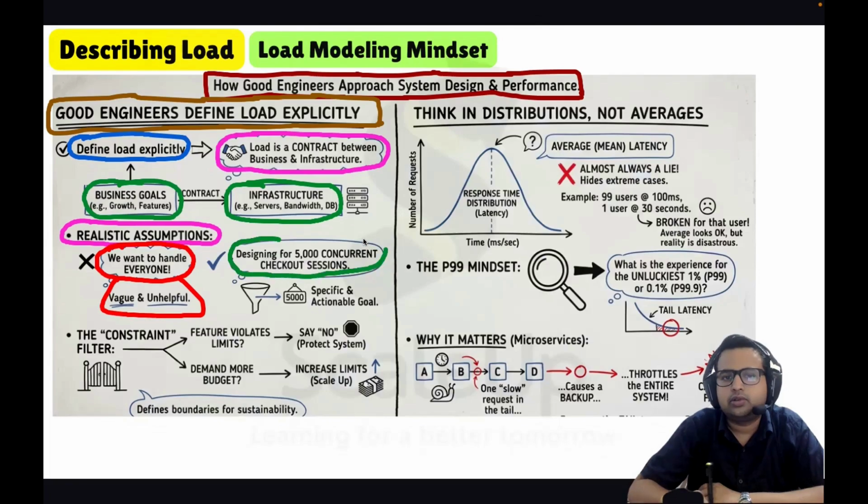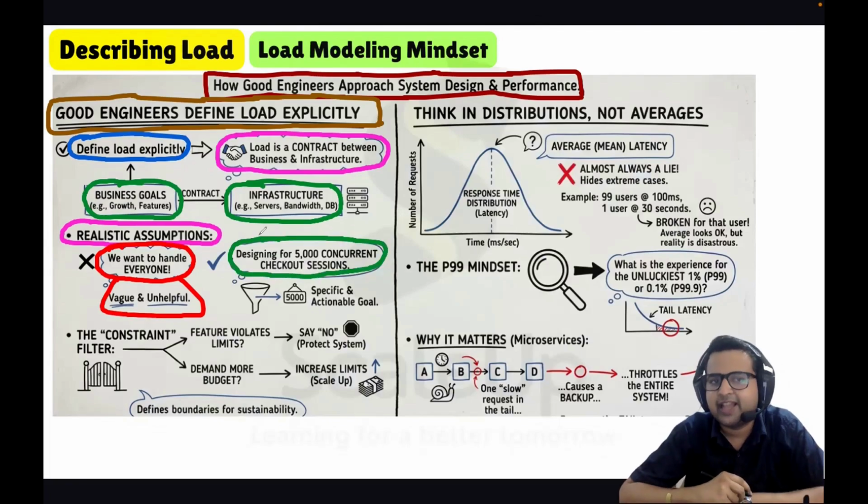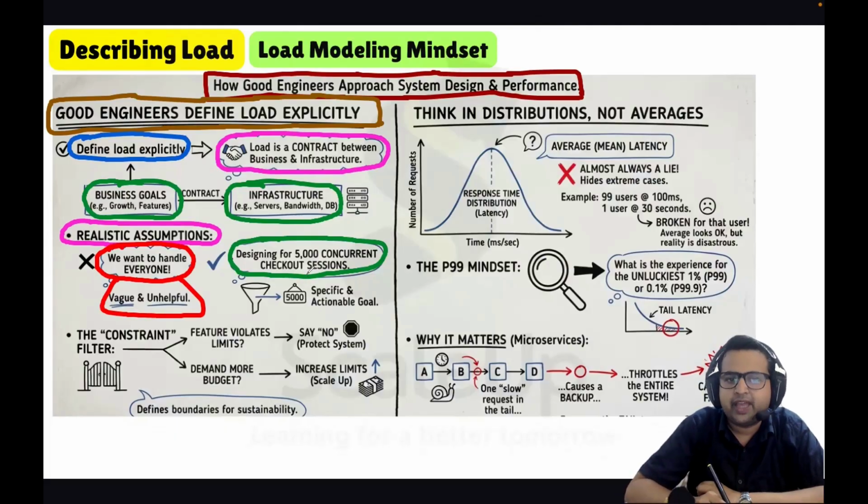So good engineers explicitly and precisely define the load, like the system is designed to handle 5,000 concurrent checkout sessions. Here we have a specific and actionable goal.